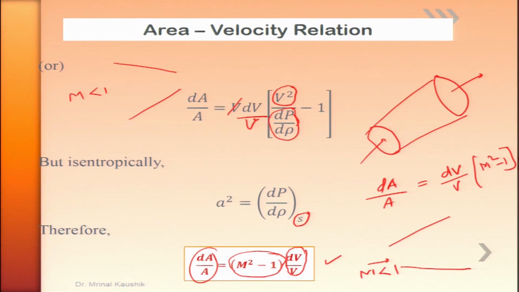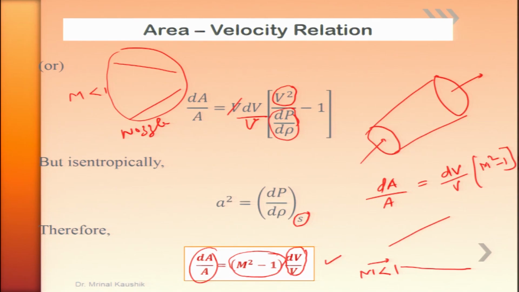In this scenario where dA by A is positive, however subsonic flow is incoming, dV by V and dA by A have opposite signs. That means to increase the speed you must converge the flow, and this kind of structure or duct is known as a nozzle.